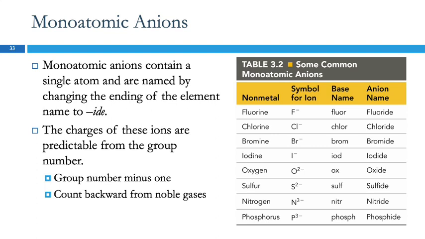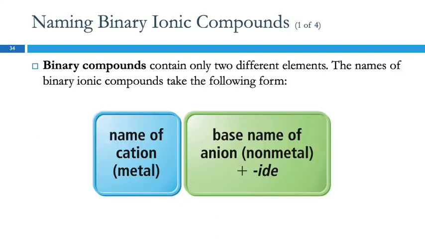And you also predict the charge from where it is on the periodic table. So a binary ionic compound has two elements in it. It's going to have a metal and a nonmetal. And so to name the compound, you name the metal, you name the cation first, and then you name the anion. And it's always in that order because that's how they decided to do it.